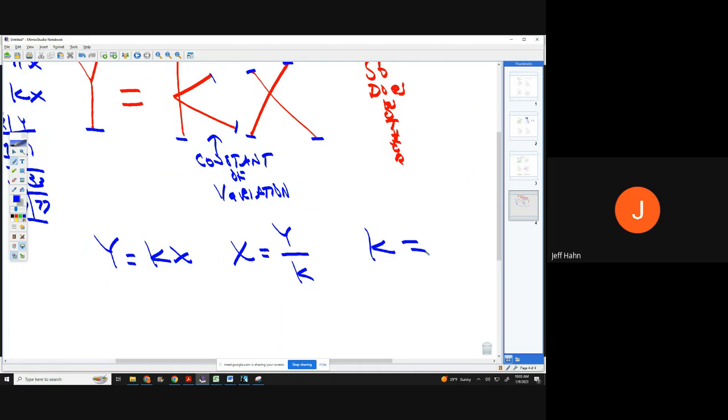Looking at the original equation, to get the letter k by itself, what do I have to do to get rid of the x? Divide. Exactly. I would have to divide by x and divide by x. So k equals y over x.